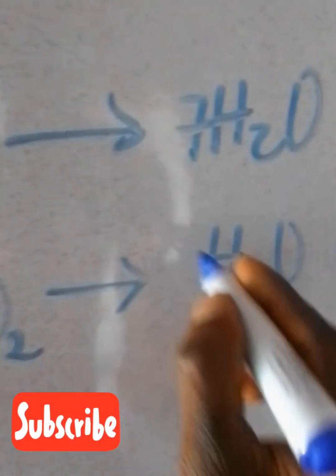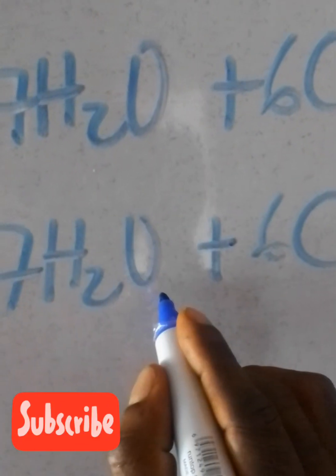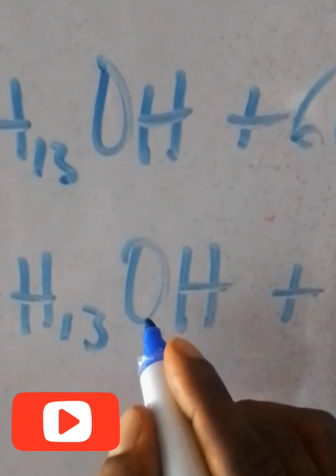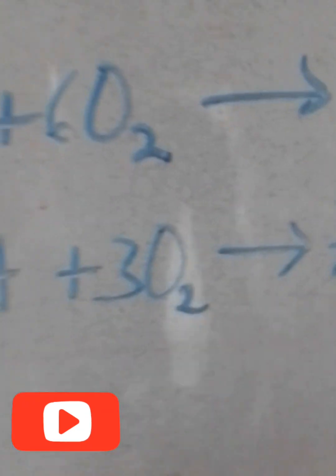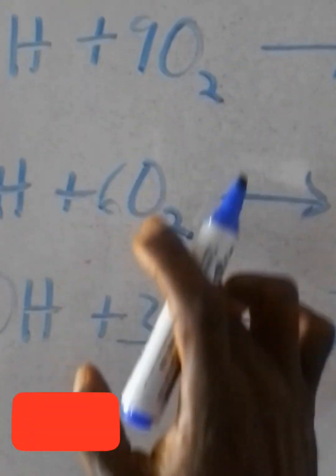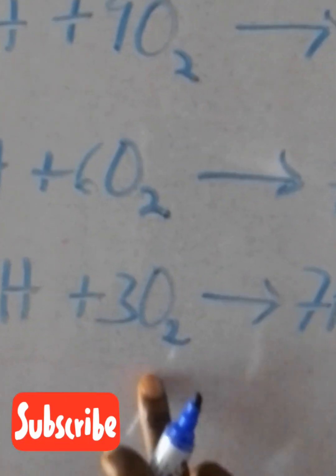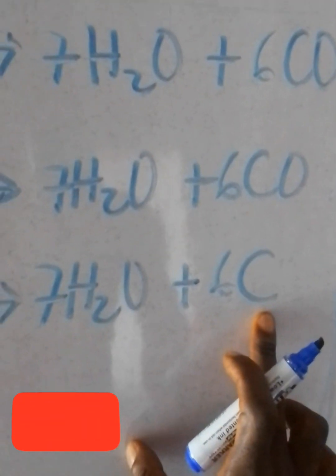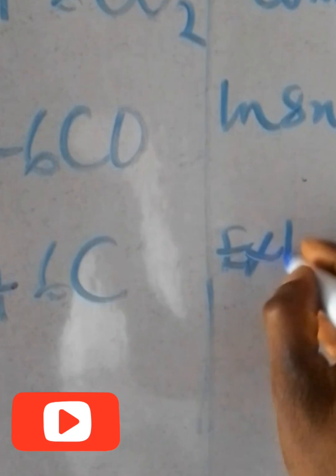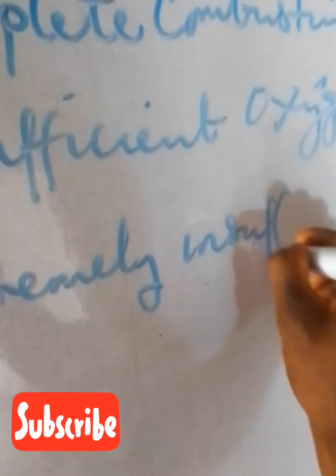Hydrogen is 14, we write 7. Oxygen is only 7 here, so we have 1 here, remaining 6, we write 3. You see that the volume of oxygen has dropped from 9 to 6, from 6 to 3. Extremely low. That is why we have elemental carbon here. This is extremely insufficient oxygen.